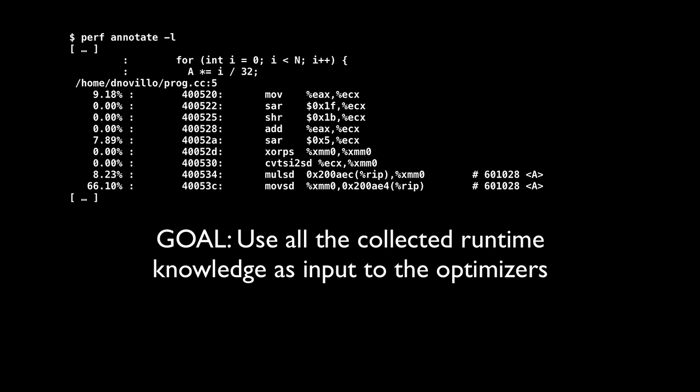You run this program under perf, and it tells you that 66% of the time is spent inside that loop. Well, of course, it's just the one loop, but it has that information. So instead of instrumenting your code, the idea is to take that data that the external profiler collected about your program, and feed it back to the compiler.